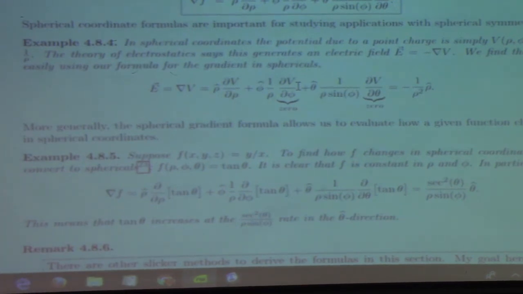So questions? Do you have a sense of how to start the homework problem now? What you want to do is set what you're given equal to that, and try to solve the partial derivatives that you face. Let me do a stupid one. Was 64b we're talking about? 56b.